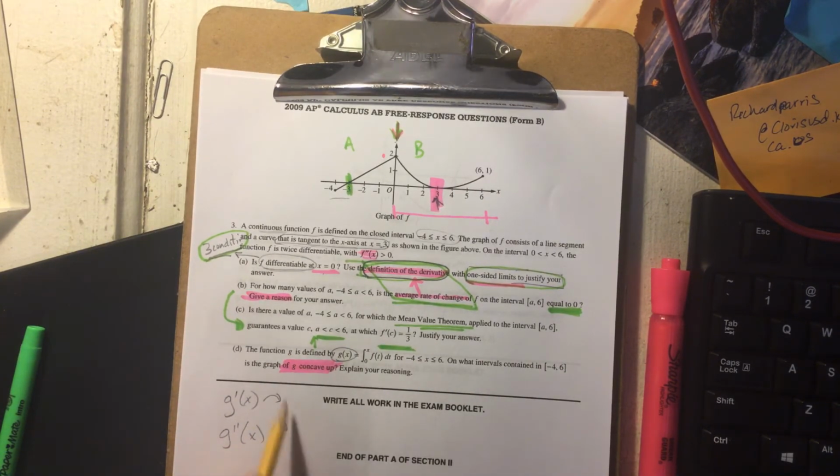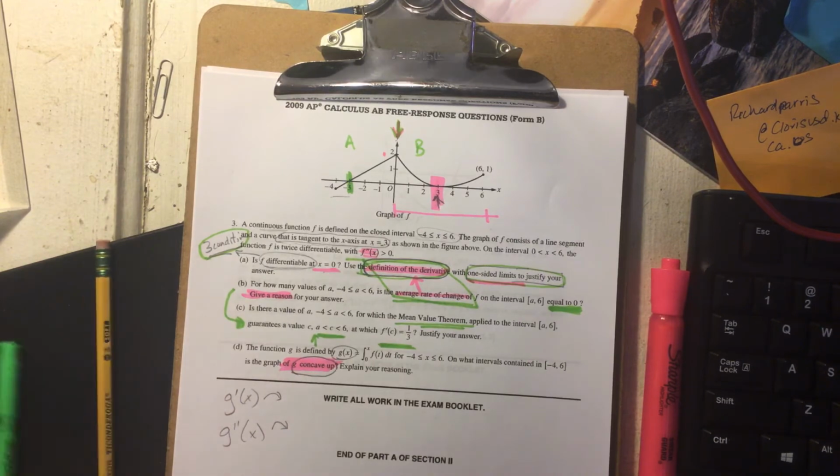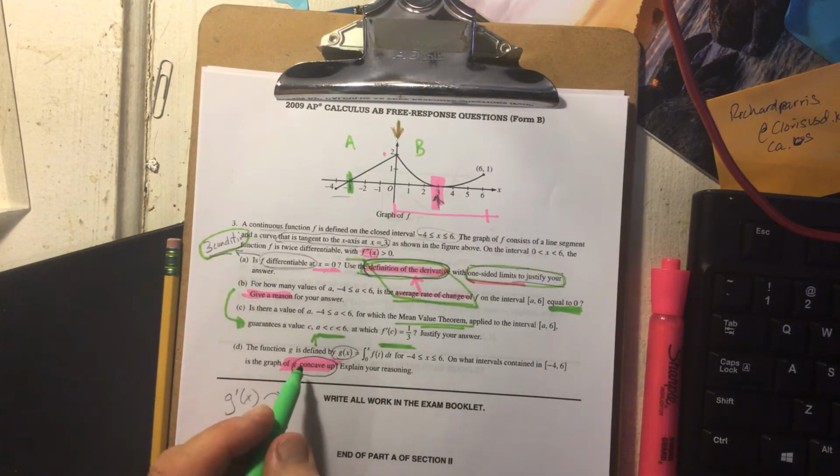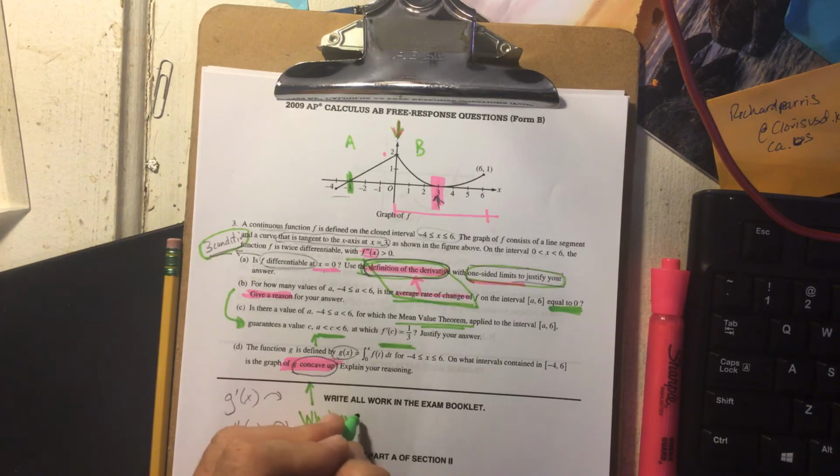They mean something. And then they want to know where something is concave up. So we've got to go back to our first and second derivative rules and figure out what makes it concave up. What makes it concave up?